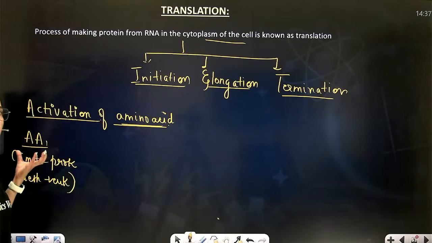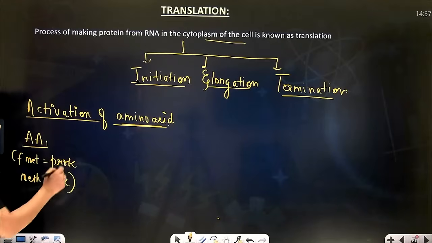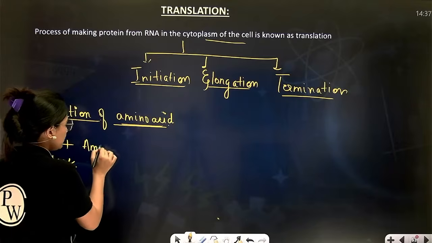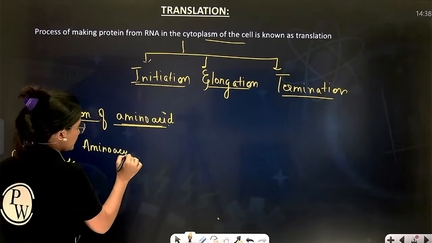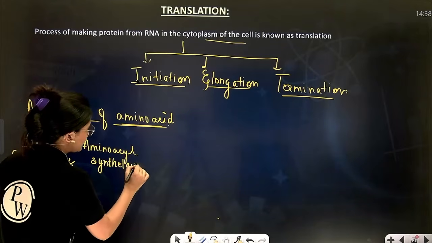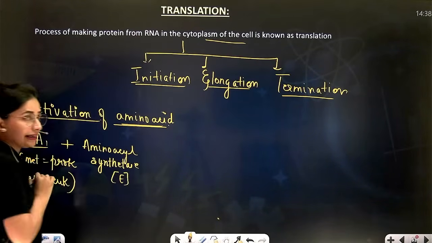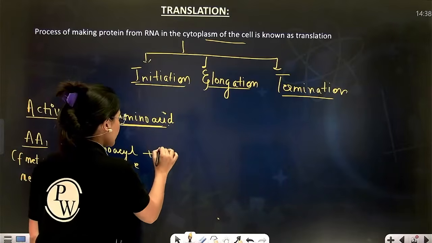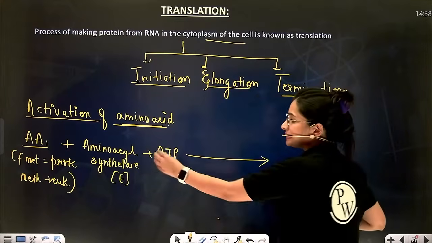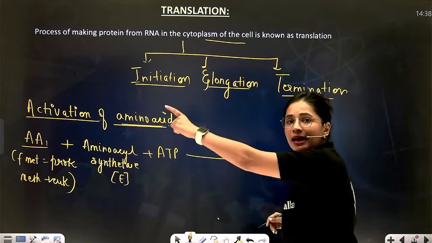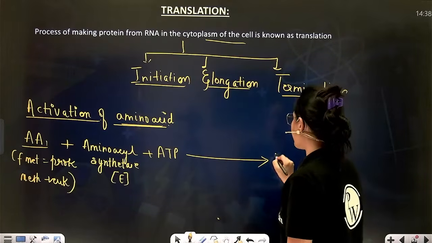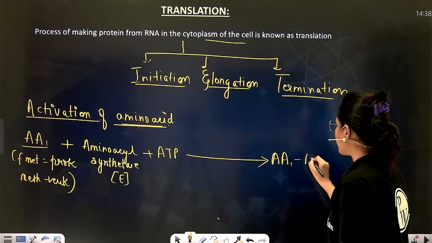So first you have an amino acid, be it the first amino acid, which in the presence of the enzyme aminoacyl synthetase, represented by symbol E, plus energy in the form of ATP, will be activated. This enzyme is going to catalyze the activation of amino acid to form an intermediate complex called amino acid AMP.